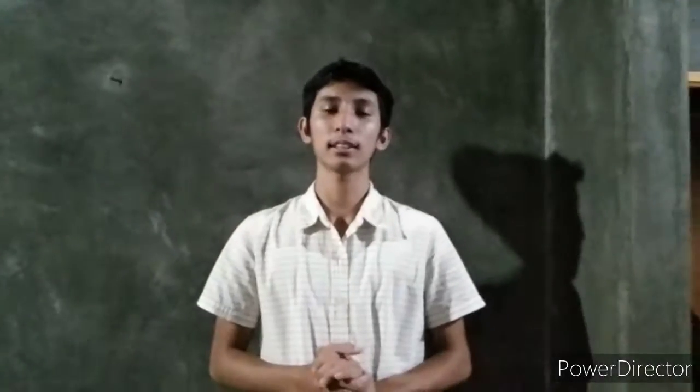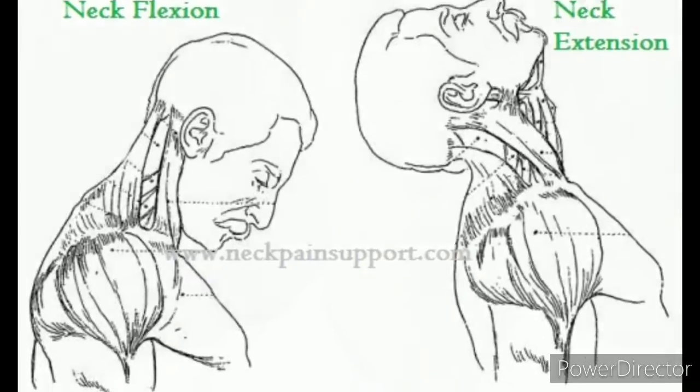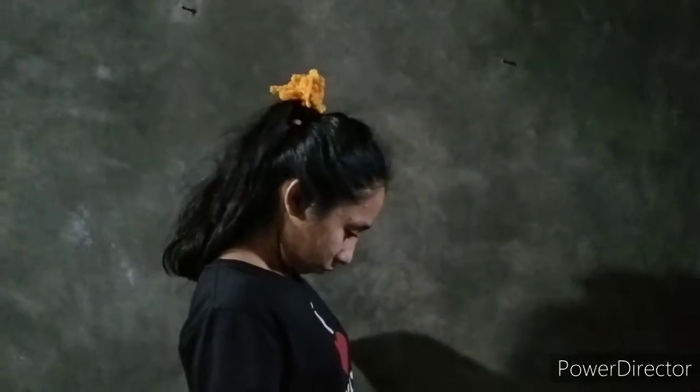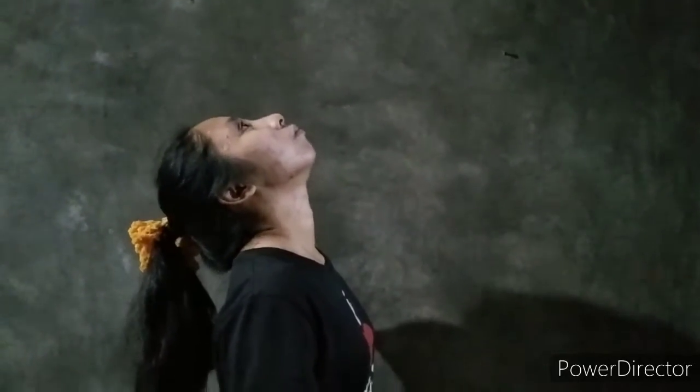Next is the flexion and extension of the neck. This is an example of the movement. The flexion of the neck is going in front downward of the body, while the extension of the neck is going at the back downward with the help of bones and muscles of the neck. Lastly, the flexion and extension of the vertebral column.